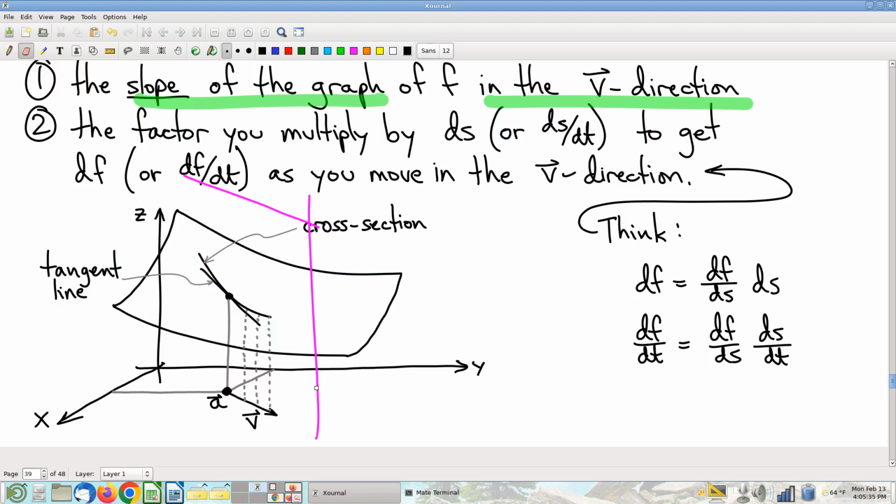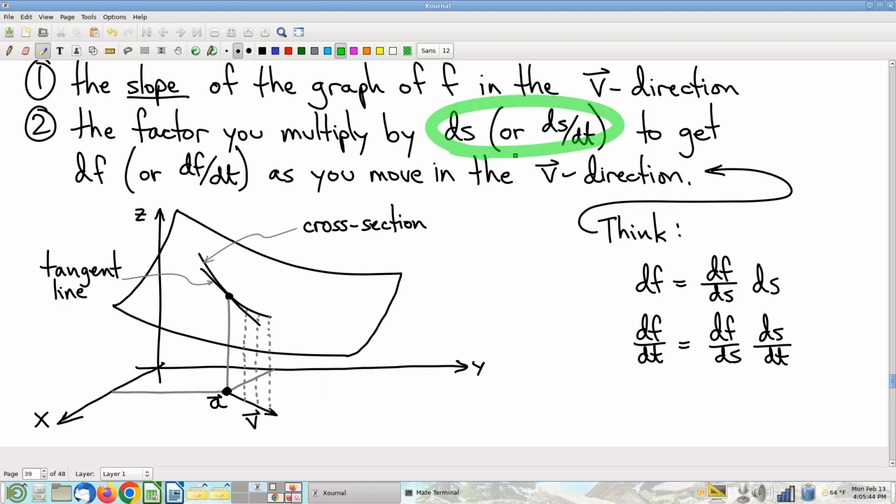Okay. All right. Now let's talk about the multiplicative factor business. It's what you multiply by, I'm going to call it input change. Either how far did you move in the input direction, or at what rate are you moving in that direction? What you multiply by that to get output change correspondingly, how much the function changes, or what's the rate that the function is changing.